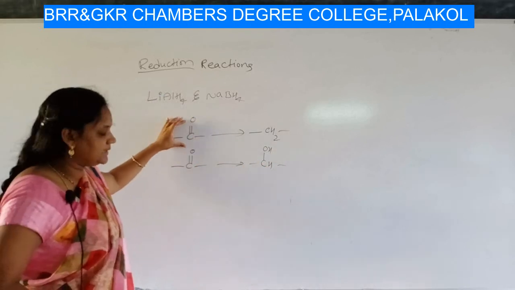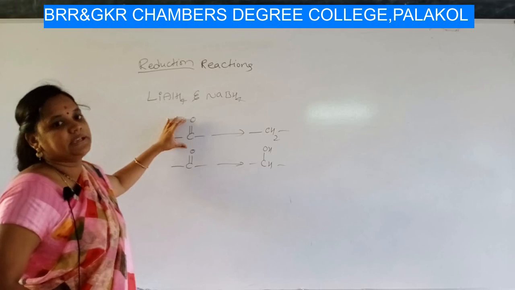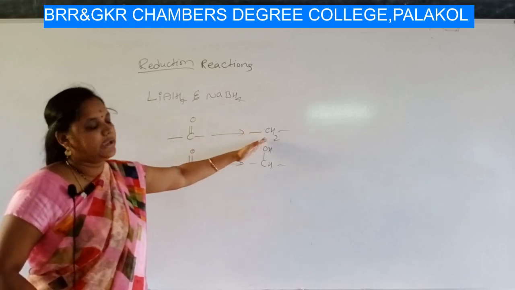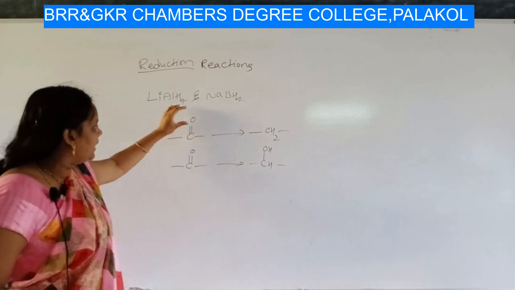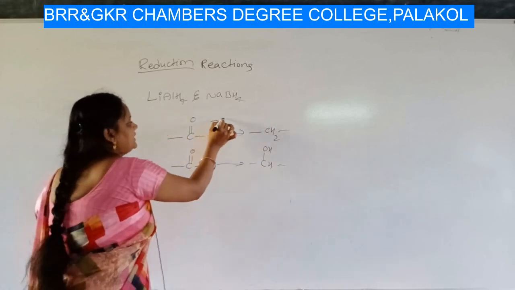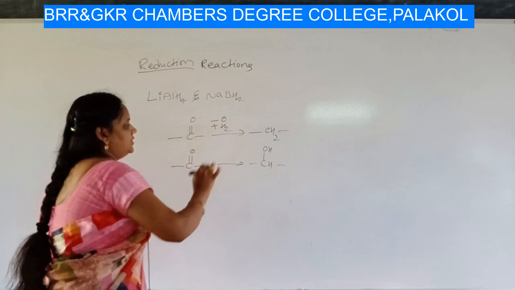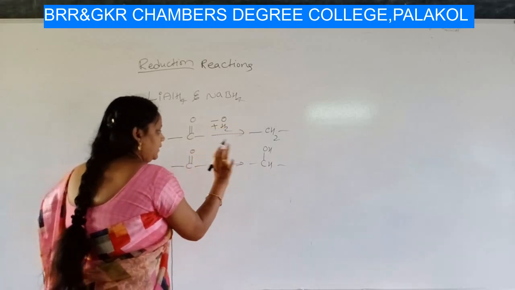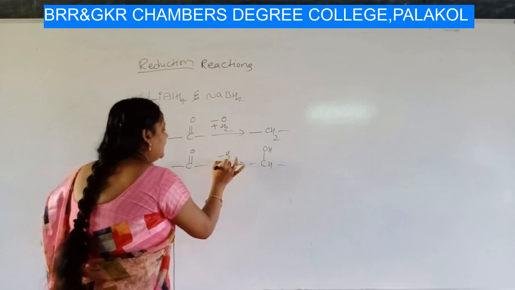Here in this case, the C=O group is completely reduced into CH2. We are removing oxygen and adding hydrogen. What happens in the other case? We are not removing oxygen, we are adding hydrogen.